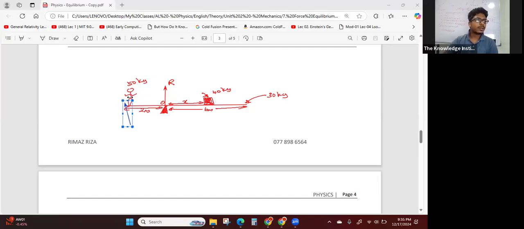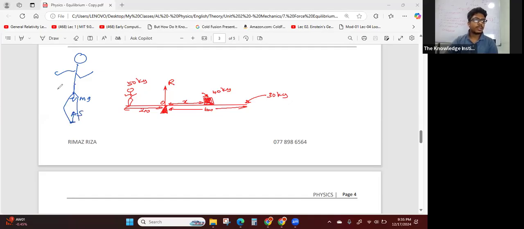Now I'll consider the forces acting on the plank. If you consider the boy, I'll explain. Let's say I draw the boy, an enlarged figure. His weight mg acts vertically downwards, and here the normal reaction force S will be there.